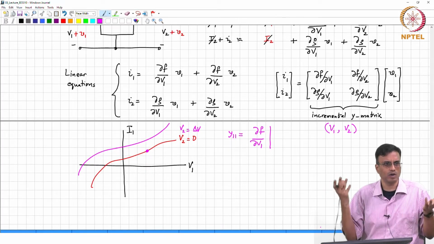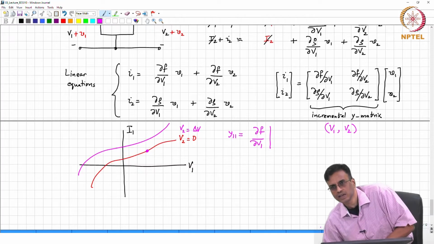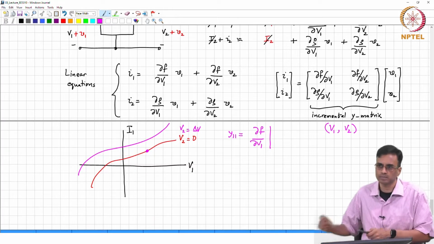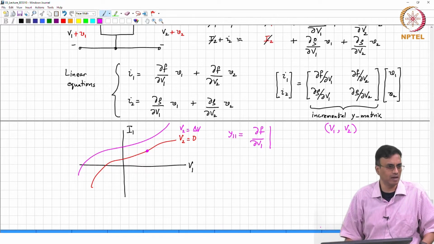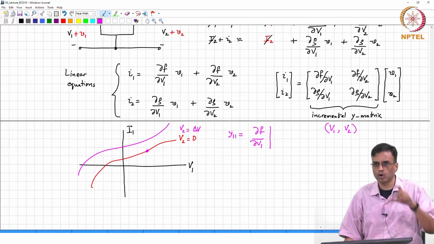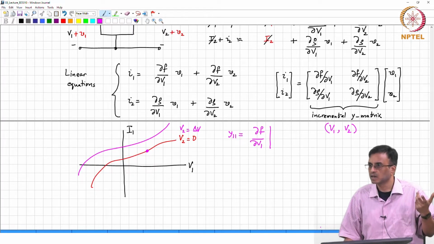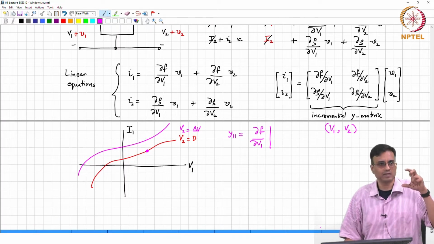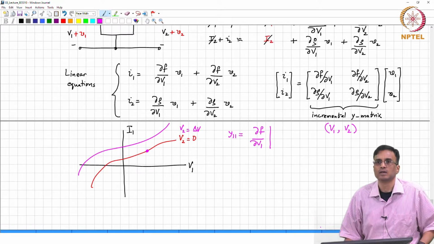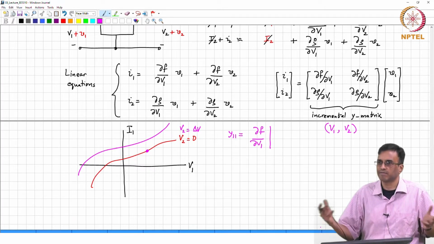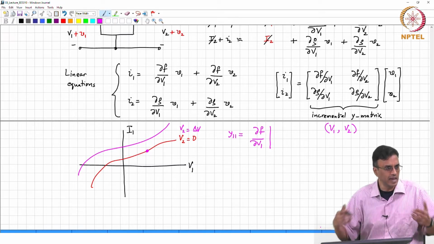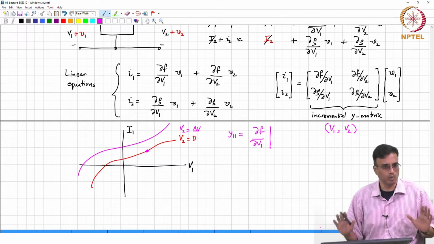How do we make sure that the incremental voltage at port 2 is 0? We just keep a voltage source between the terminals of port 2. We know that a voltage source for incremental changes behaves like a short circuit. Then we will change V1 by a small amount, measure the change in the current in the input port, and find the ratio of the change in the input current to the change in the input voltage.